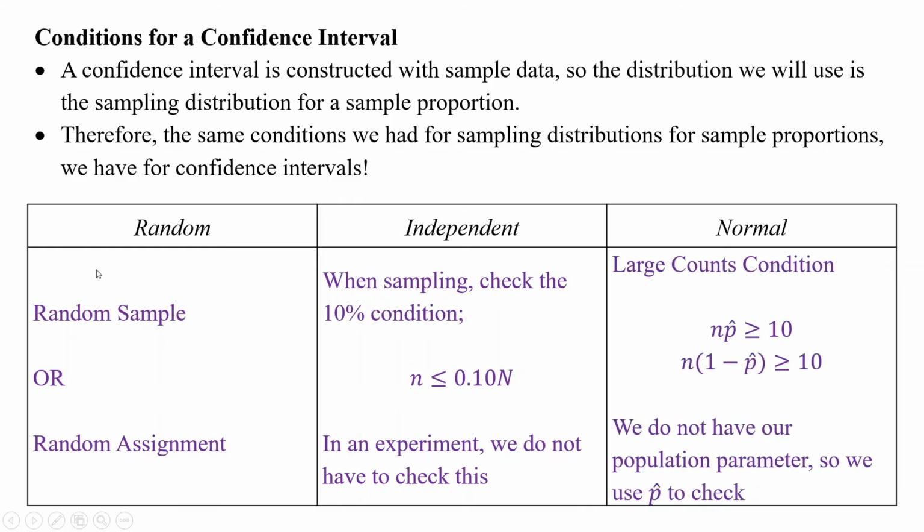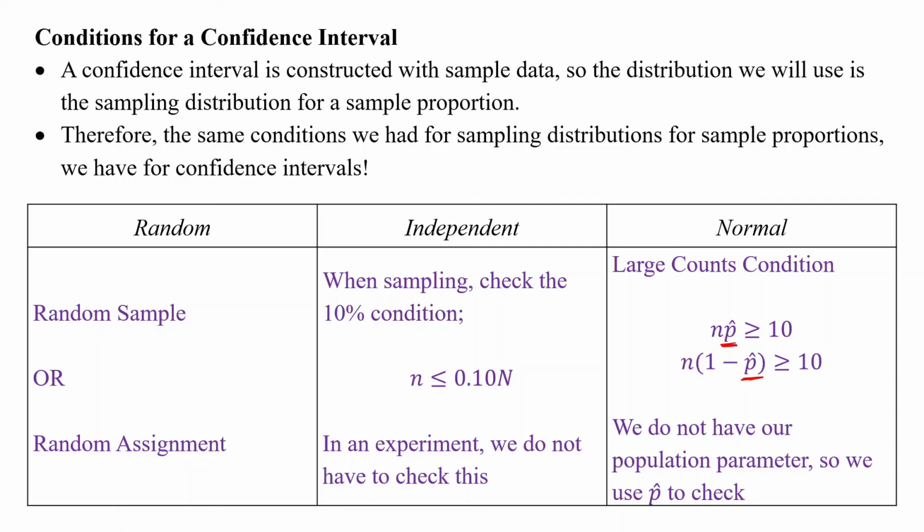And then our normal. Our normal looks slightly different from what we talked about in Unit 5. It's still the large counts condition, but because we don't know what our population parameter p is, that's why we're taking sample data to find it. Instead of using p to check the large counts condition, we use p-hat. So we are making just that slight adjustment, but otherwise everything else is the same as it was in sampling distributions.